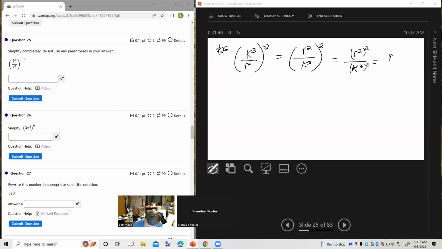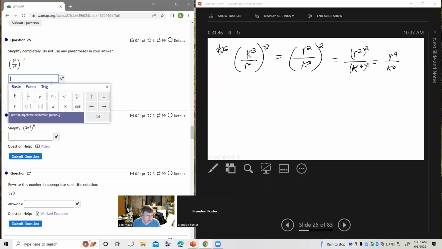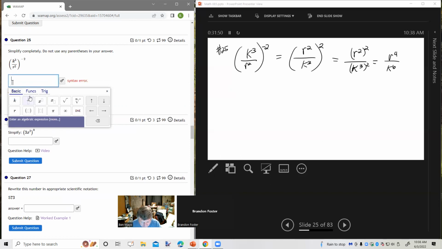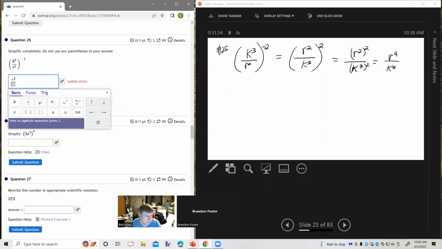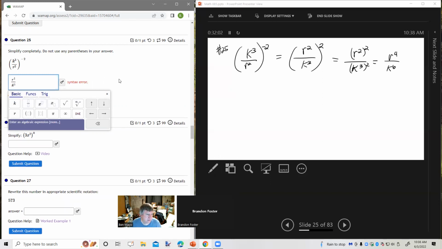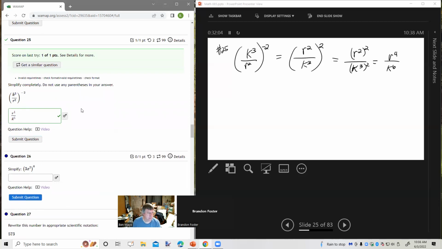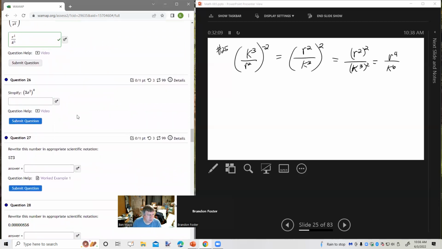Power raised to a power, you multiply the exponents, so r to the 4th over k to the 6th. Let's see here. R to the 4th over k to the 6th. Going on to number 26.